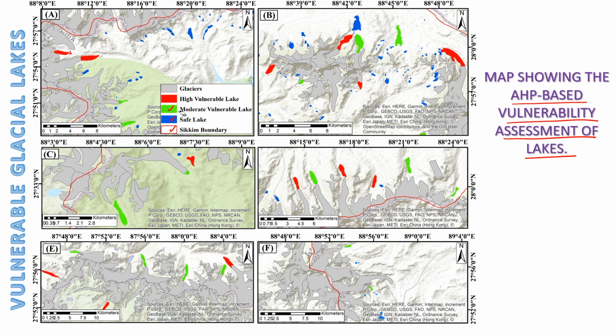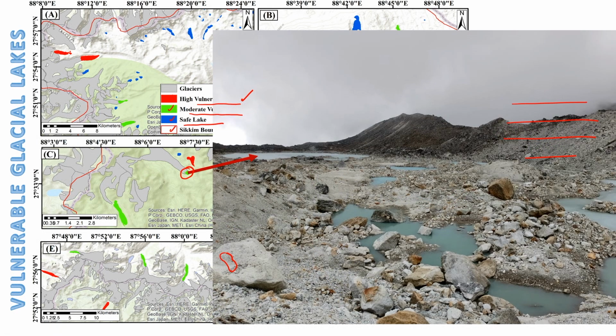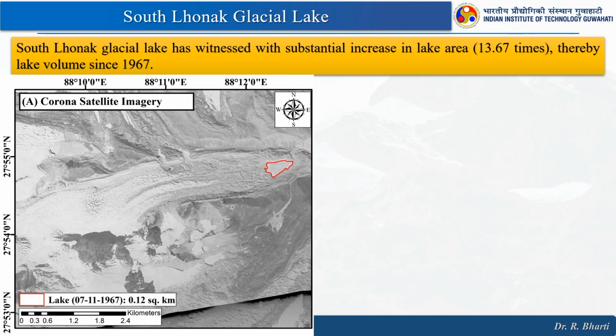Some of the lakes are red, that is highly vulnerable, green are moderate, blue is safe, and the outside is the Sikkim boundary, right. All these areas have different lakes with different vulnerability, right. One of the lakes here, which we have also visited, we found to be at moderate vulnerability, and in the field during the summer this was the situation. So, this kind of analysis can be performed.